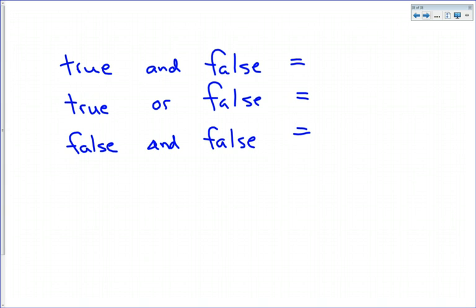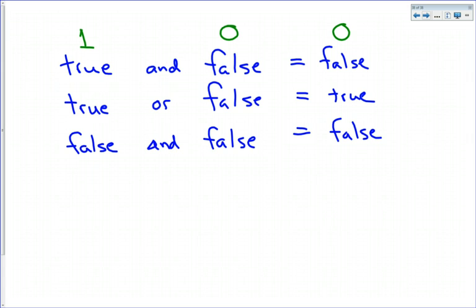What would you write? What would you write for this one? Oh, now you're getting fancy. What's this one? True. And this one? Okay. And basically, again, if I substitute a 1 here and a 0 here, it starts to make sense.